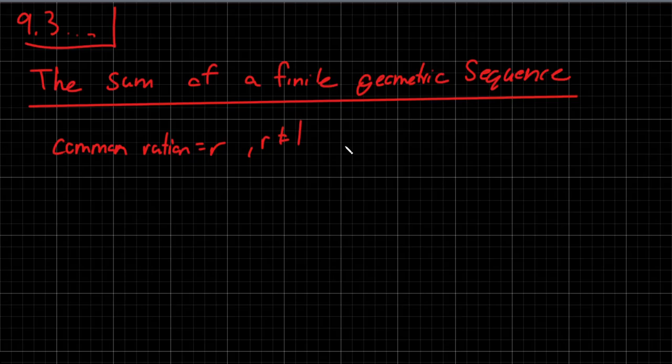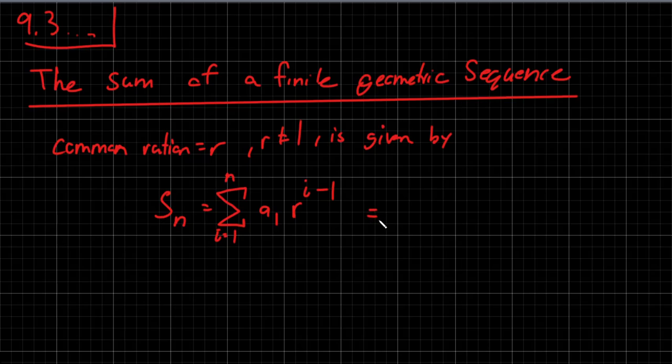So the sum of a finite geometric sequence is given by, well, we're doing sum, so it's Sn equals the sum from i equals 1 of a of 1 times r to the i minus 1. That is mostly left out in most equations.